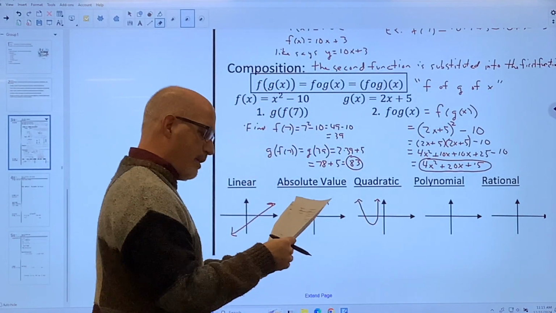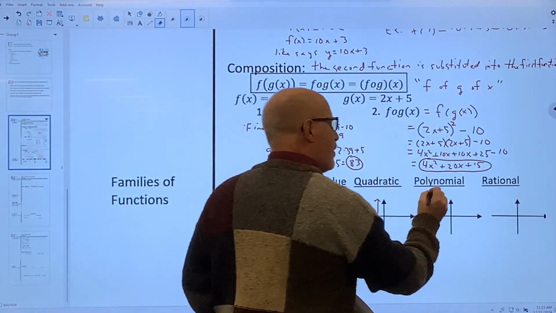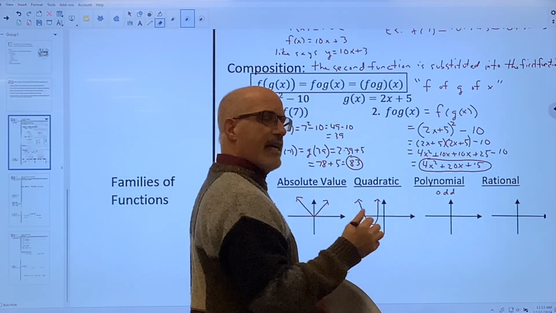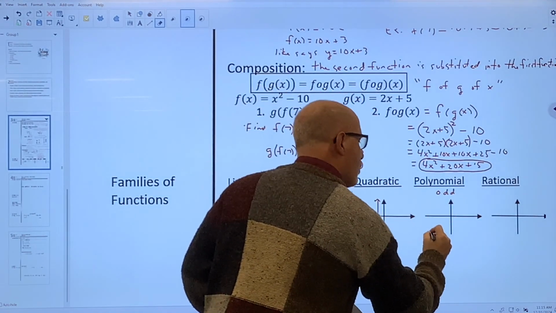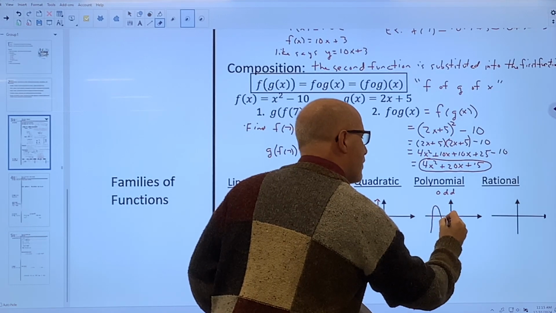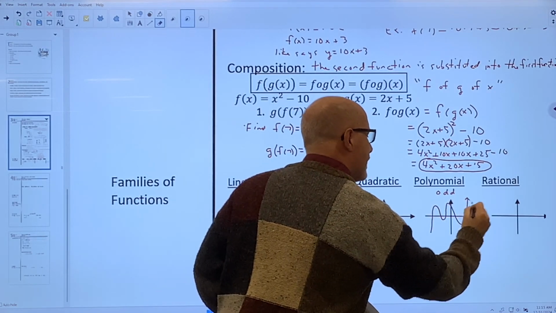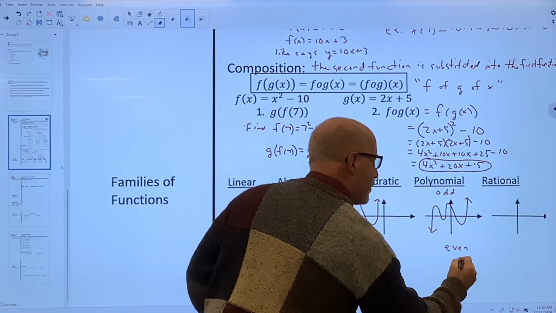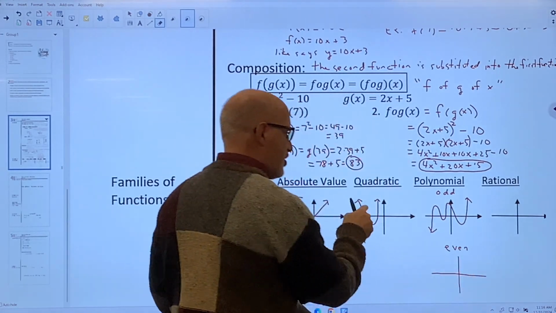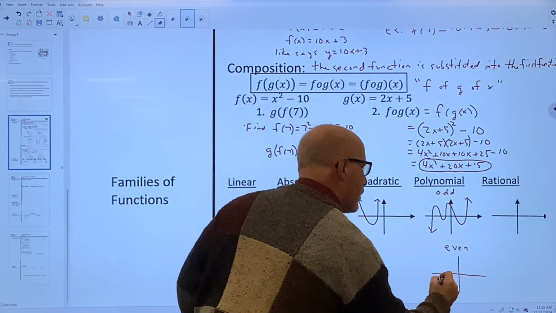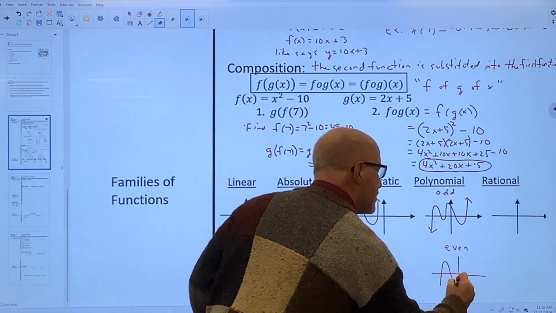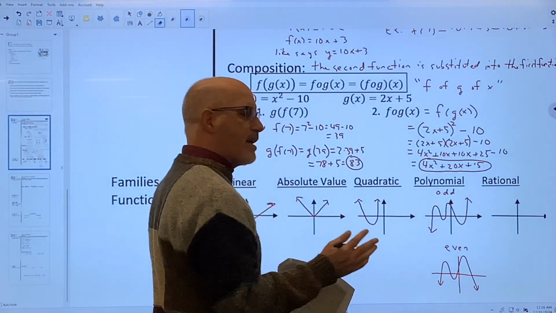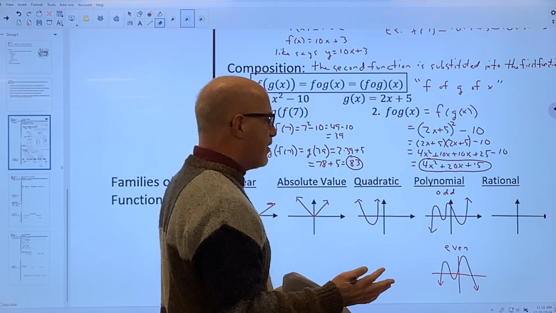If it's polynomial, that means we'll do 2 of them. If it's an odd polynomial, remember an odd exponent, it's going to have one going down, the other one going up with it. If it's even, they're both going to be the same direction, just like this quadratic. So I'll put one going down, and whether it goes down or up depends on the leading coefficient, whether it's positive or negative, just as a review.